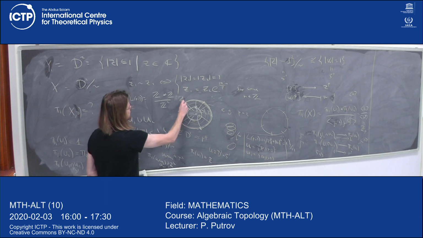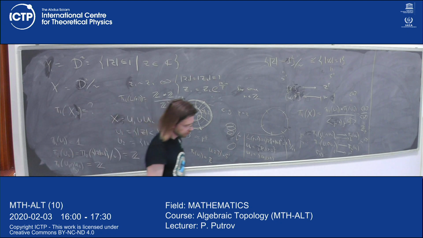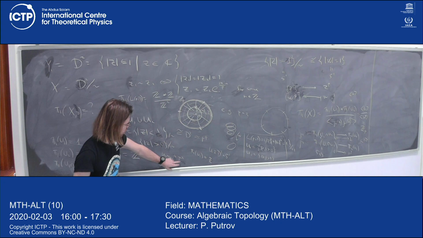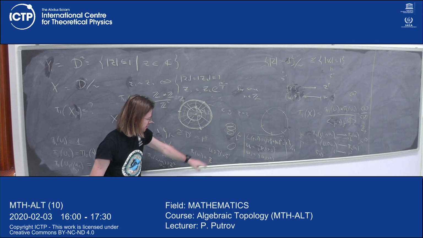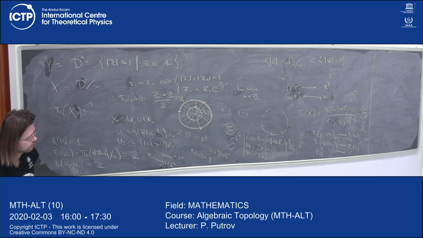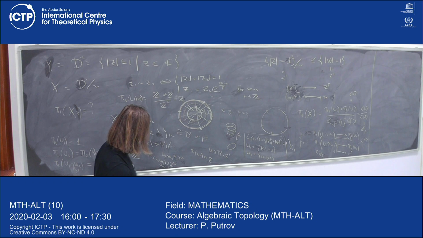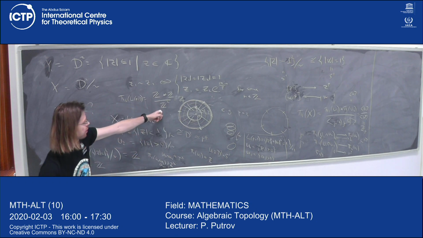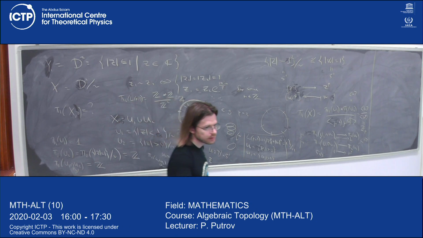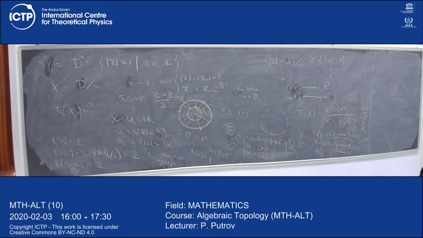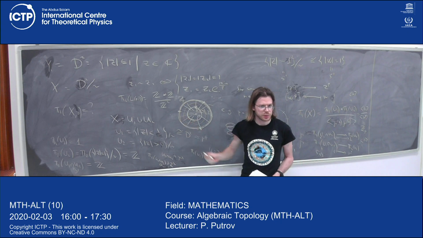The result will also be Z_P. But you have to determine the inclusions, how your torus is included into these U_i, which determines how this Z squared is embedded in Z star Z. I'm not going into the details, you will see either in tutorials, but there will be a written solution.